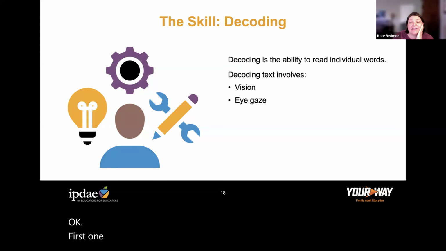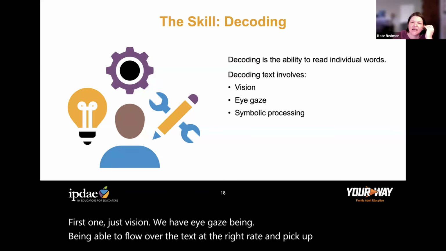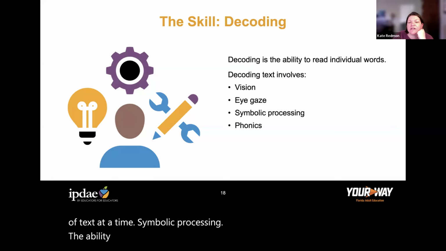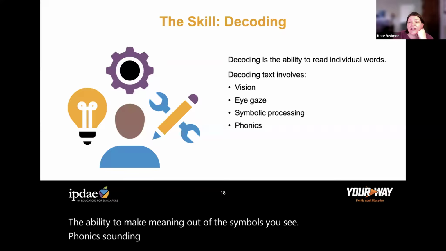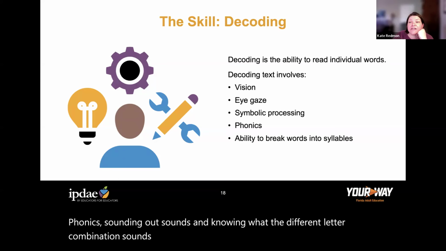We have eye gaze, being able to flow over the text at the right rate and pick up the right chunk of text at a time. Symbolic processing, the ability to make meaning out of the symbols you see. Phonics, sounding out sounds and knowing what the different letter combination sounds makes. Syllabics, the ability to break word into syllables.